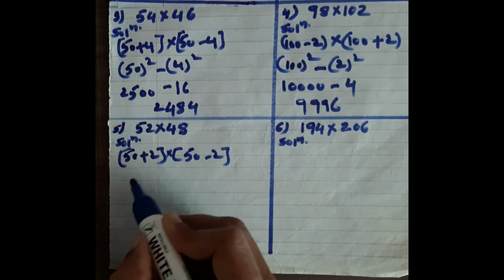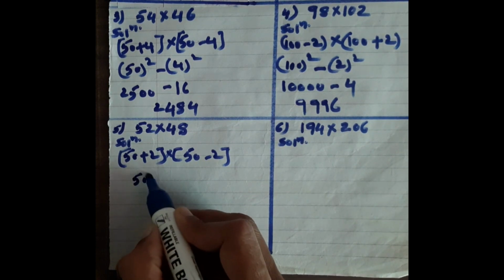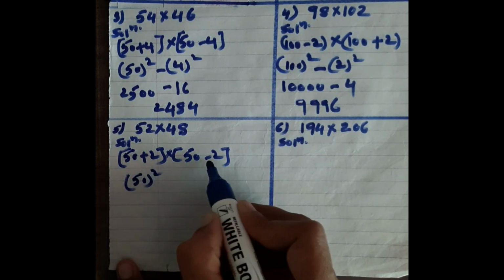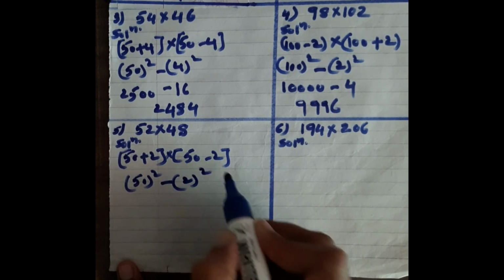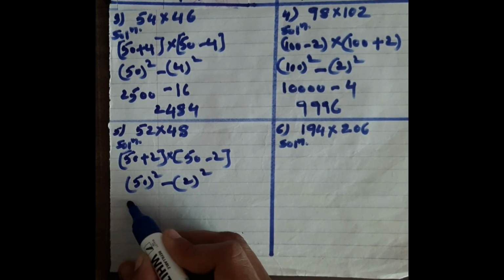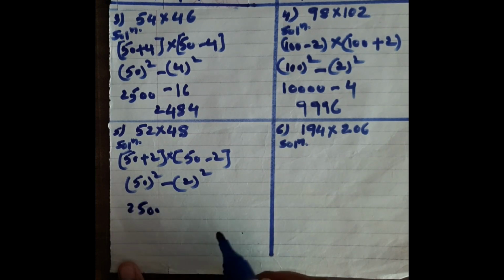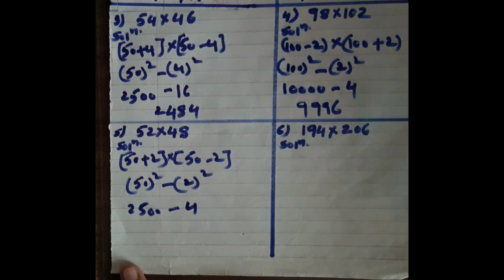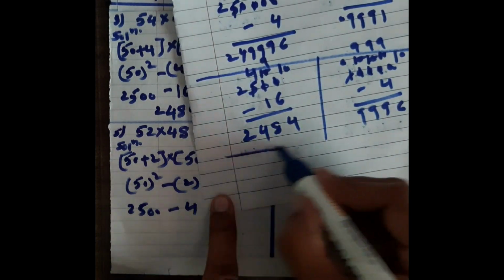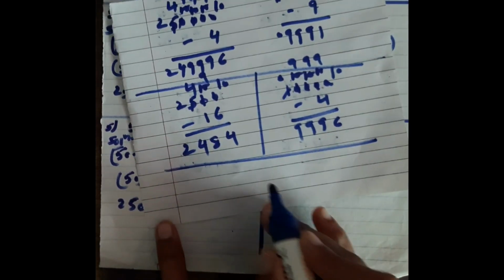So 50 into 50 we have to multiply, 50 whole square, plus into minus, minus 2 into 2, 2 whole square. 50 50s are 2500 we will get. 2 2s are 4, minus we put as it is. So 2500 minus 4.